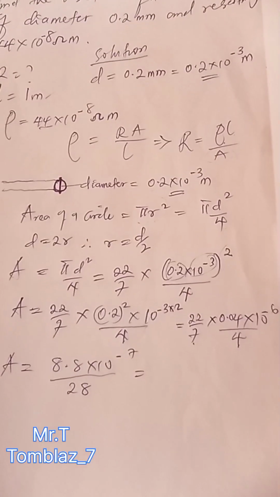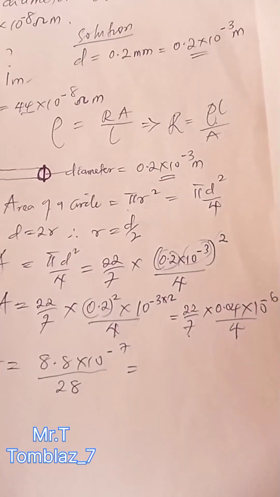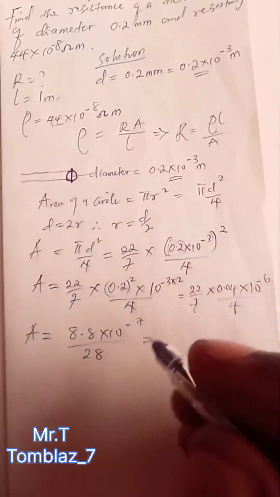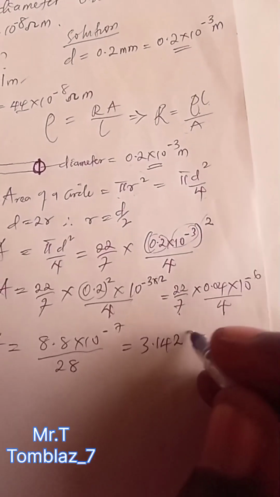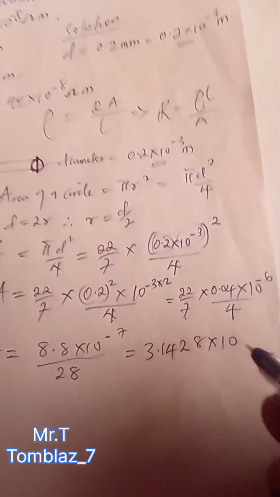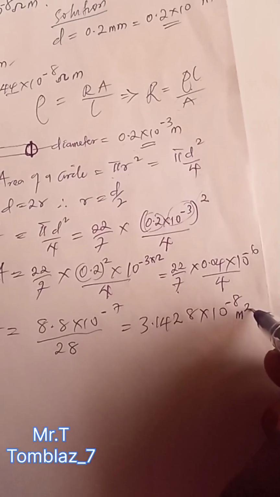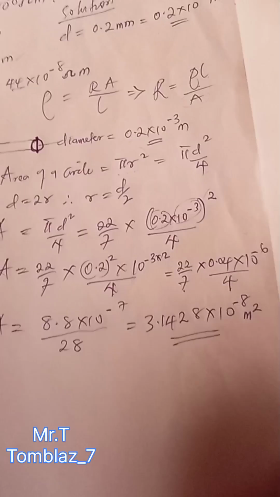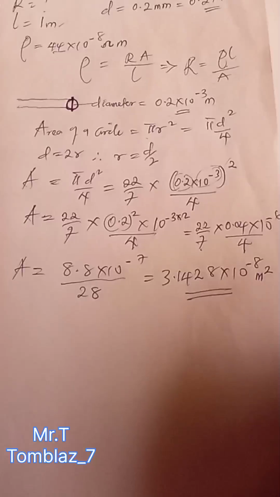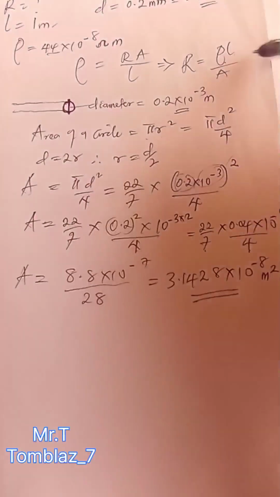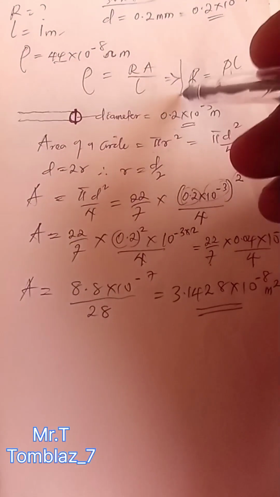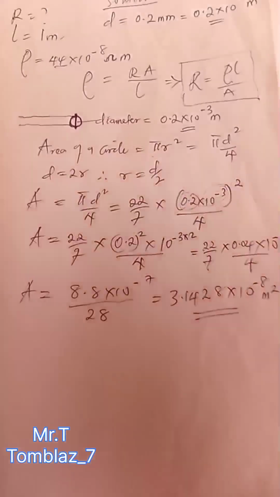So let's divide this value by 28. We are having 3.1428 times 10 raised to the power of minus 8 meters squared, because that's area, that's the unit. Now we'll put it into this equation to find the resistance.